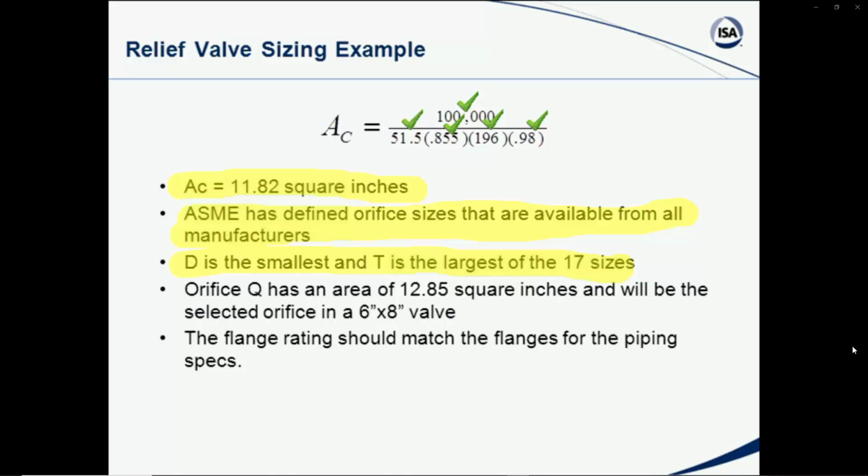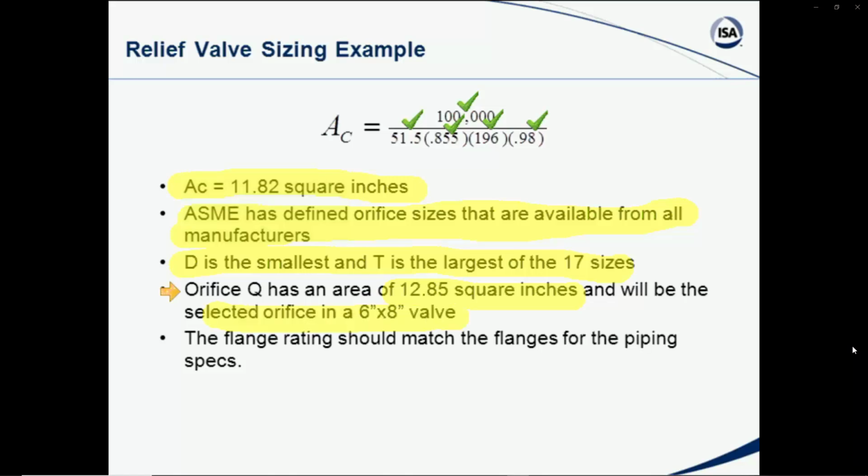In this particular case of ASME, which we're using here, we found out that an orifice Q has an area of 12.85 square inches, and that's really about 1 square inch above our requirement of 11.82, and that goes into a 6x8 valve.